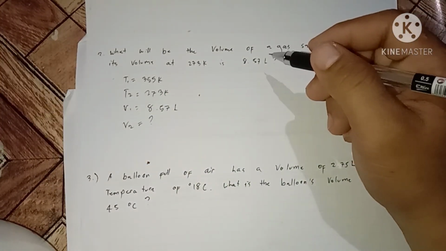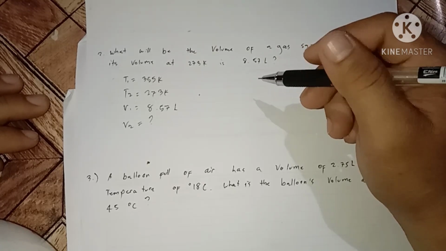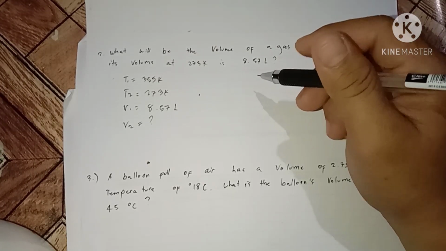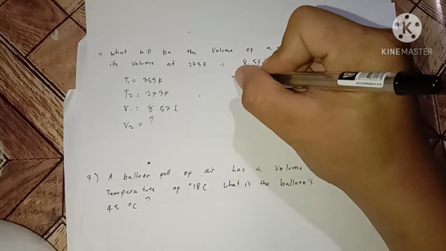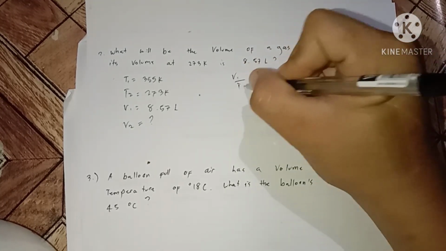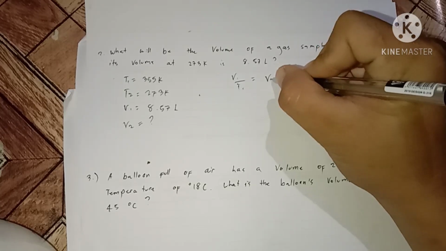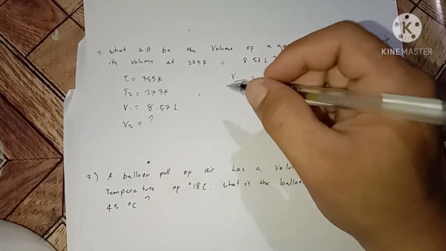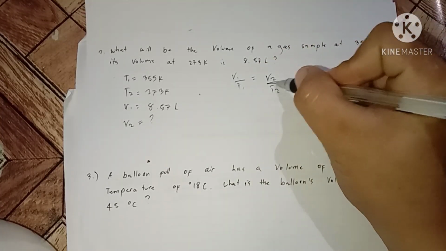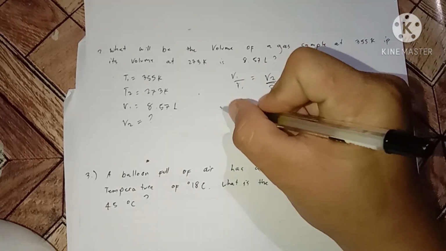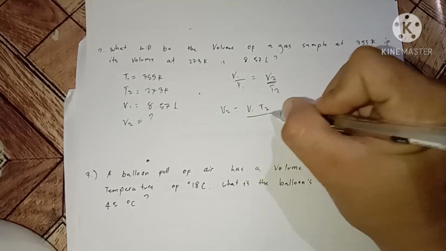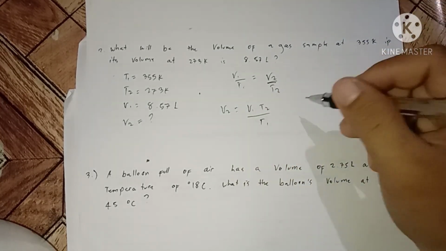To get the answer for volume 2, you need to use the formula V1 over T1 equals V2 over T2. Since V2 is the missing, we need to rearrange the formula to V2 equals V1 T2 over T1.